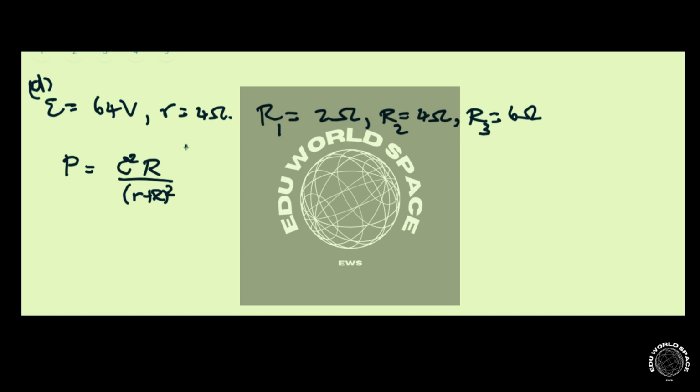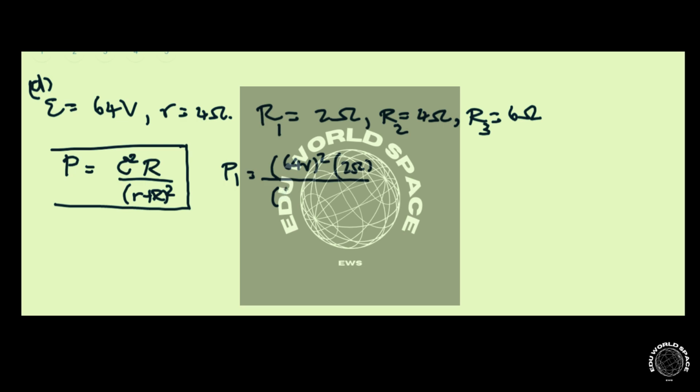Then P1 is equal to 64 volts squared times R1, which is 2 ohms, divided by (4 ohms plus 2 ohms) squared.